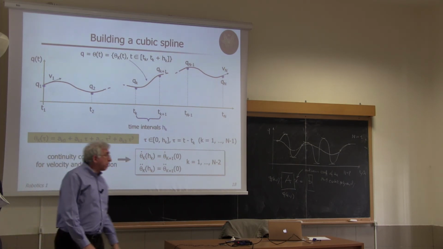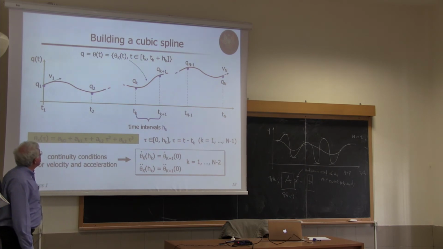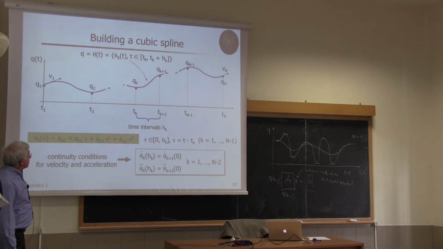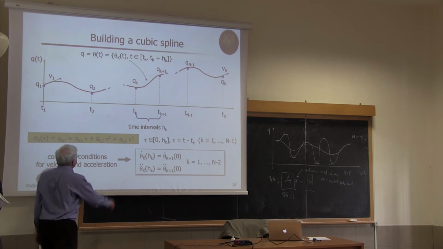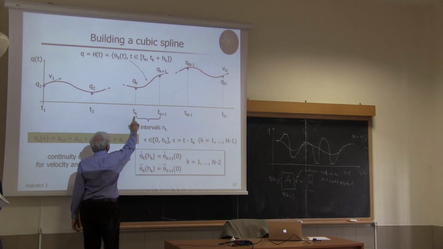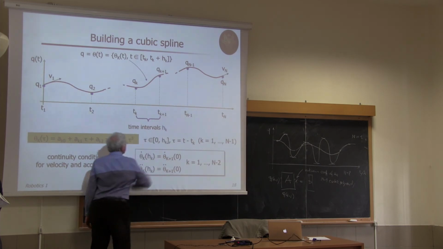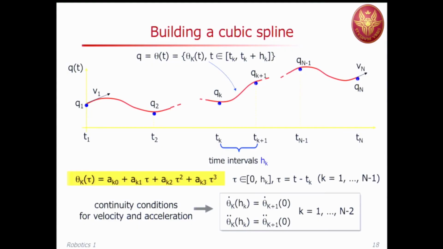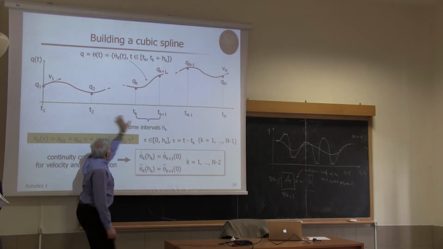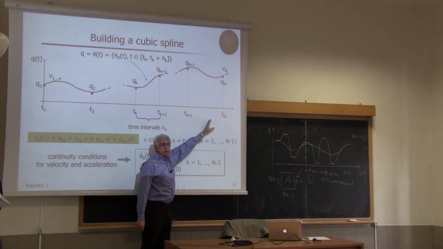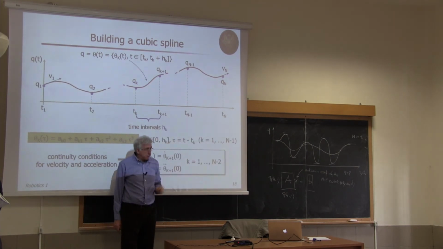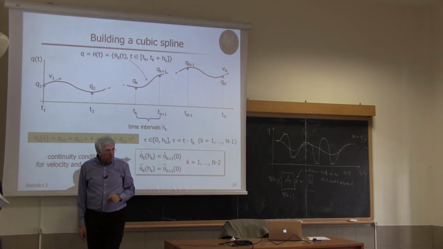So theta k of time will be the cubic defined in the kth interval, going from tk to tk plus 1, and this duration is denoted in this slide as h of k. So you will have h1 here, h2, hk up to hn minus 1, which are the durations of the single subintervals.